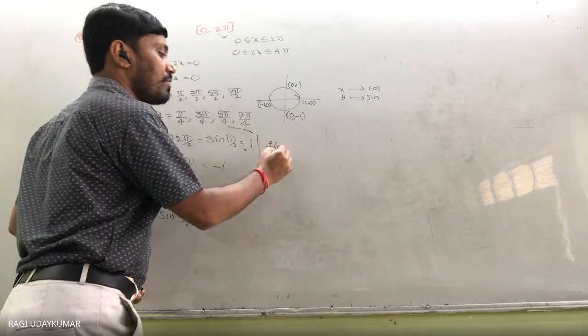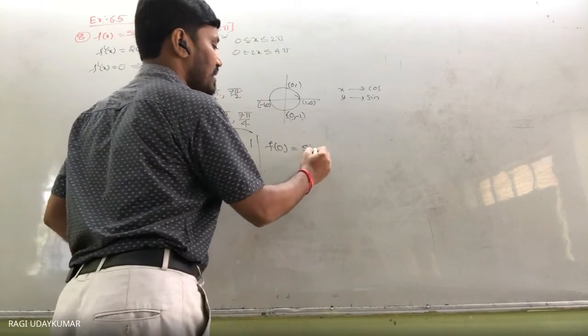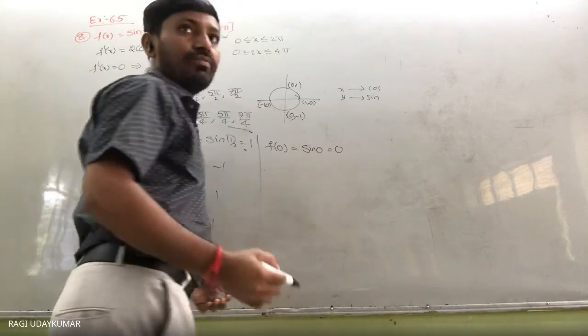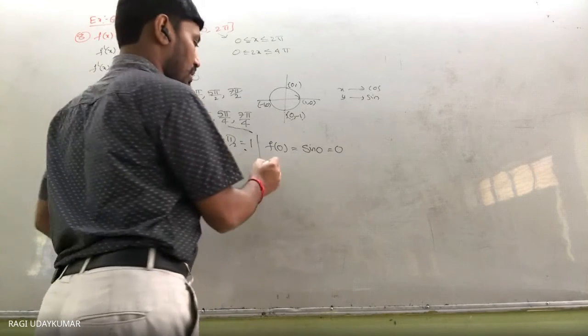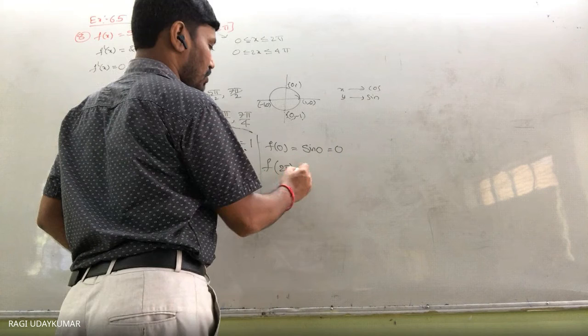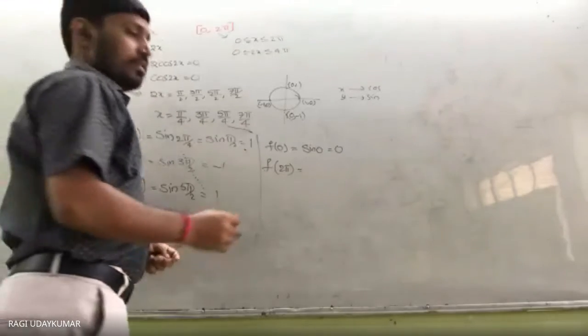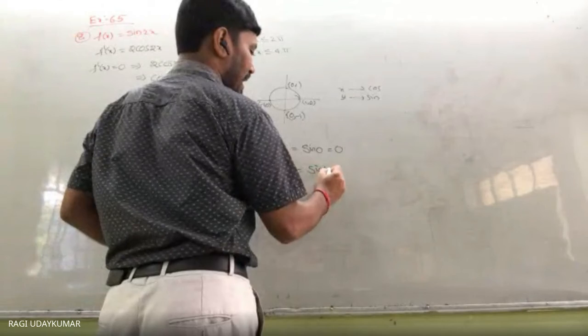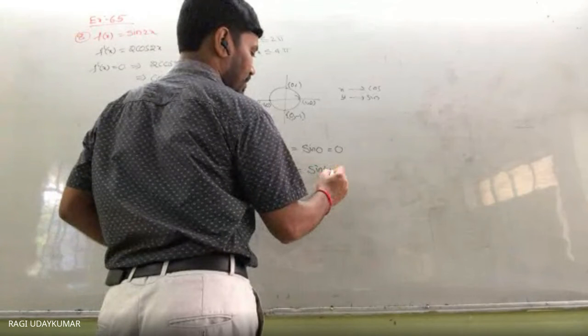We need to find f of 0 also. f of 0 is sin 0, and sin 0 is 0. f of 2 pi we need to find: sin 4 pi came, sin 4 pi is 0.